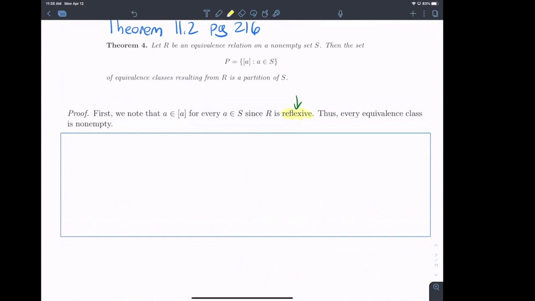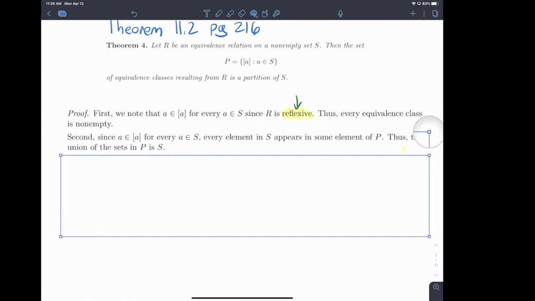All right, so next let's think about showing why these equivalence classes are disjoint from each other. That's the next property. Now we've got any element A has to be in its own equivalence class because of the reflexive property.